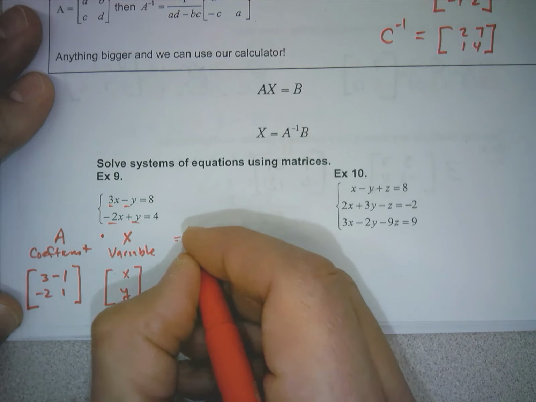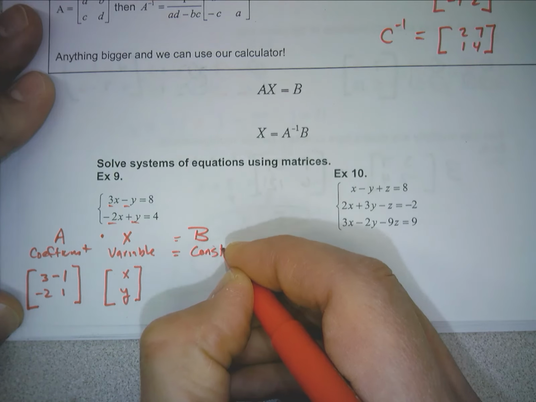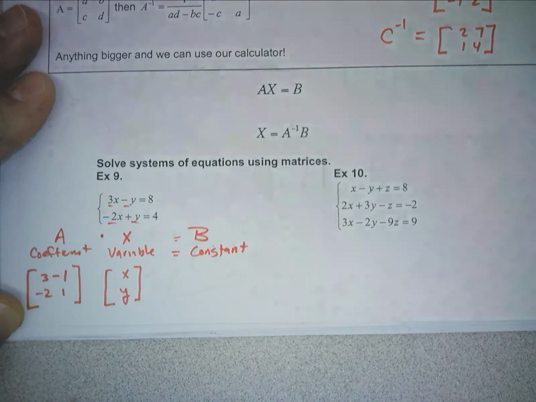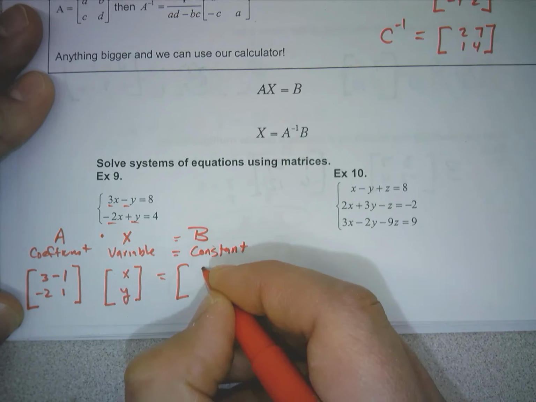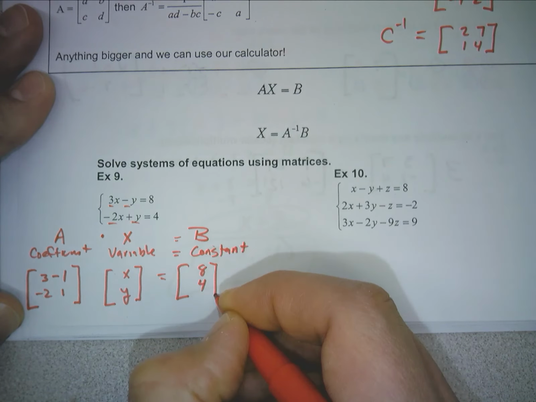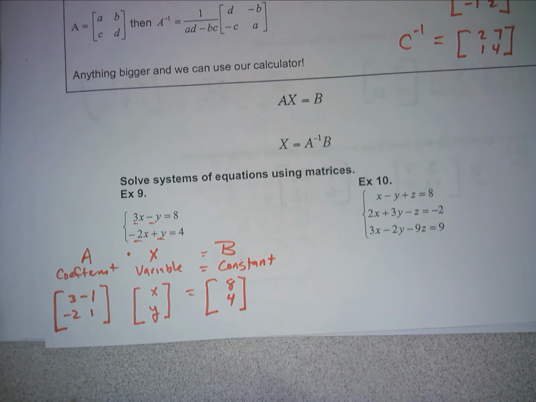And then I have matrix B. That's my constant matrix. Constants are the numbers without x's and y's. In this case, I have 8 and 4. So these are the matrices that I'm going to be using.